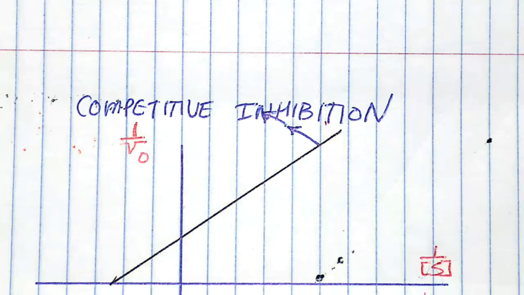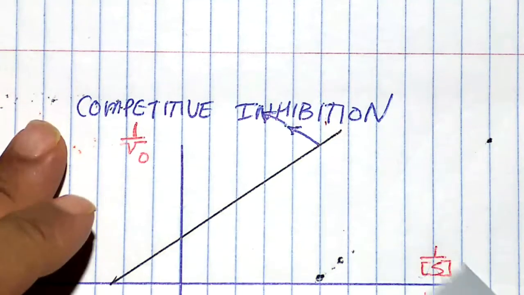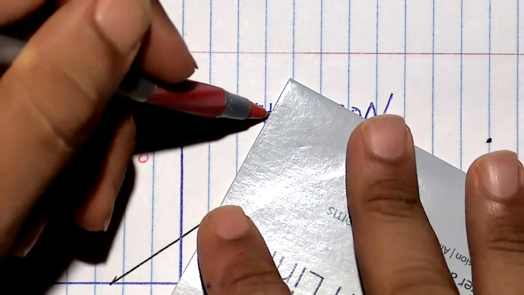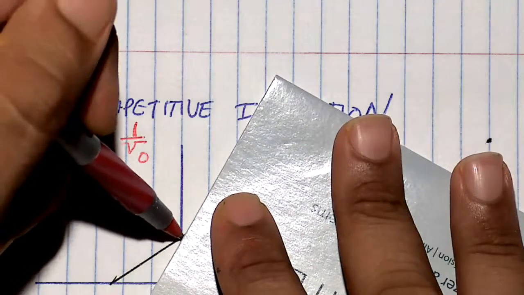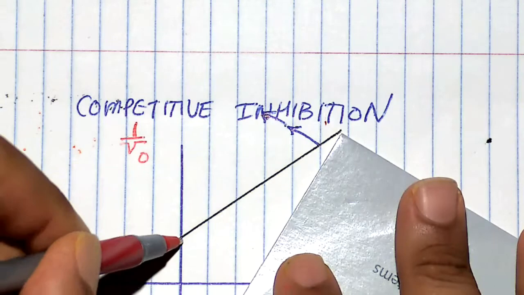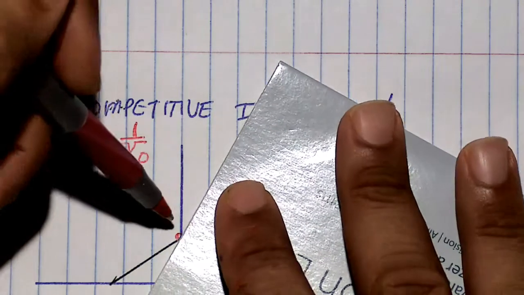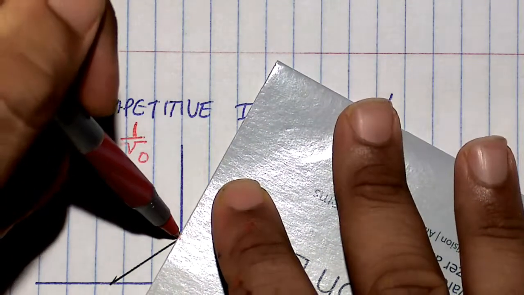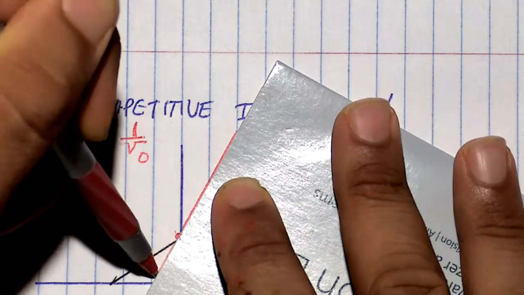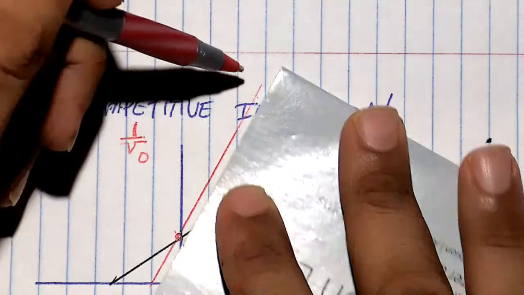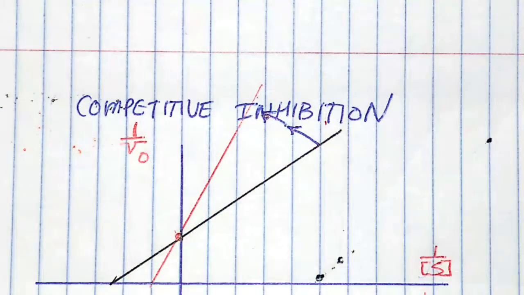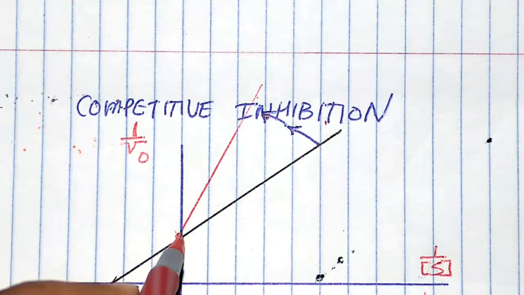Okay, it's going to cause that line to shift counterclockwise, and for a pure competitive inhibition, the line will shift with a common y-intercept.